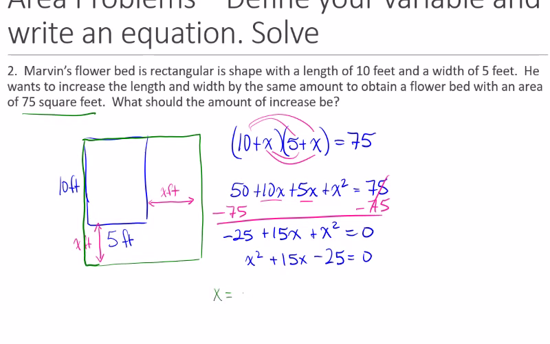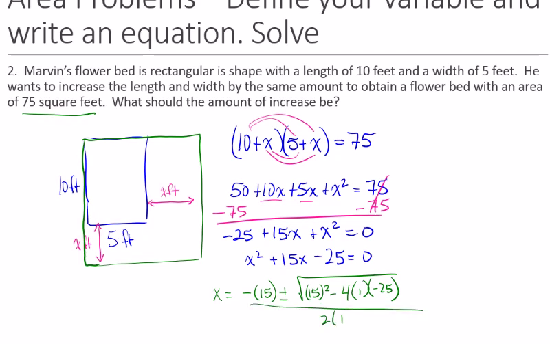So x equals negative 15 plus or minus the square root of 15 squared minus 4 times a times c. All right, so this is 15 squared, 225. Actually, forgot to do the denominator. All right, so 15 squared is 225.